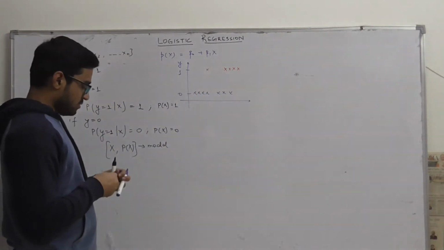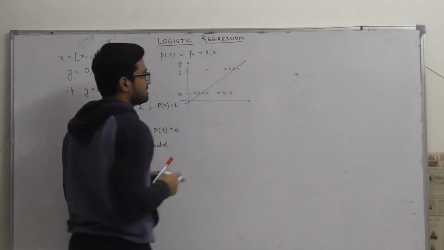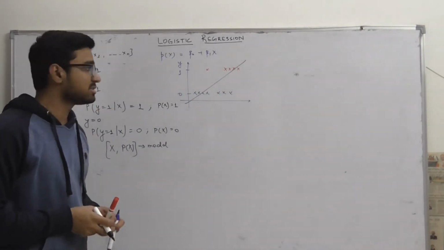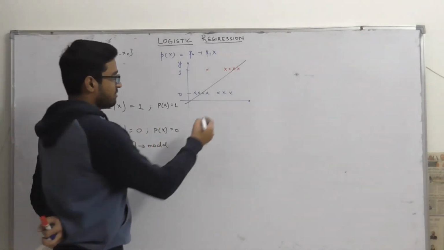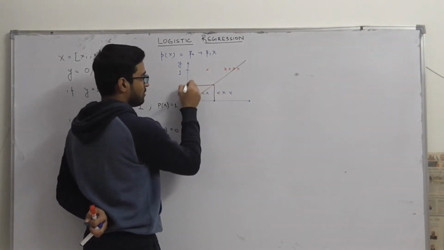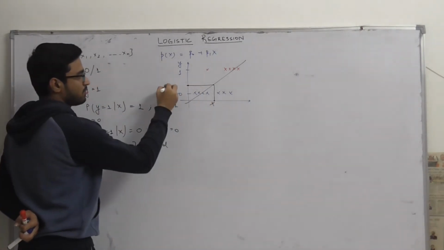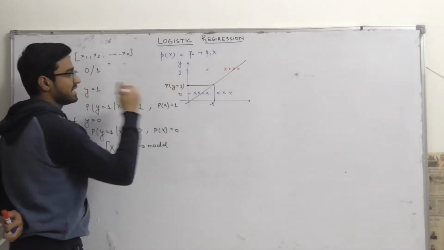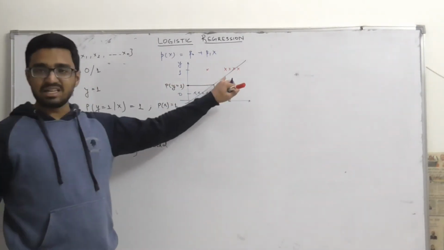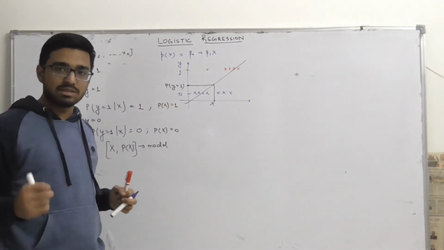Suppose this line best fits the data in linear regression. Now if we have any value of x here, then we can say the probability of y equal to 1 given this x is this one. Hence, by setting any threshold, we can say that this is 0 or 1. We can predict some classes.